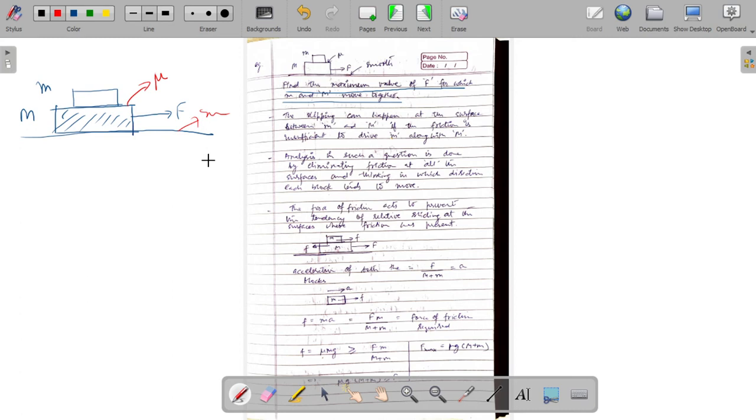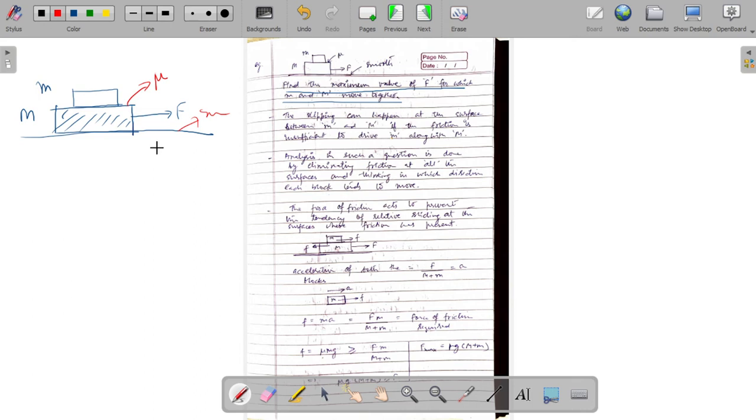First, let's assume that capital M and small m are not moving relative to each other, and evaluate that case. It gives us some understanding of what is going to happen in this question. What is asked is to find the maximum value of F for which small m and capital M move together. So this is what we have assumed.